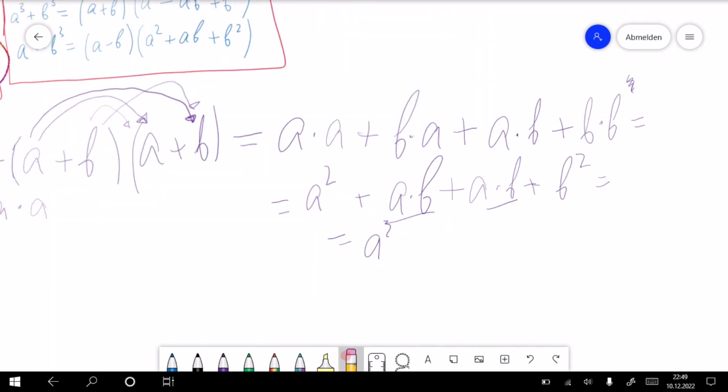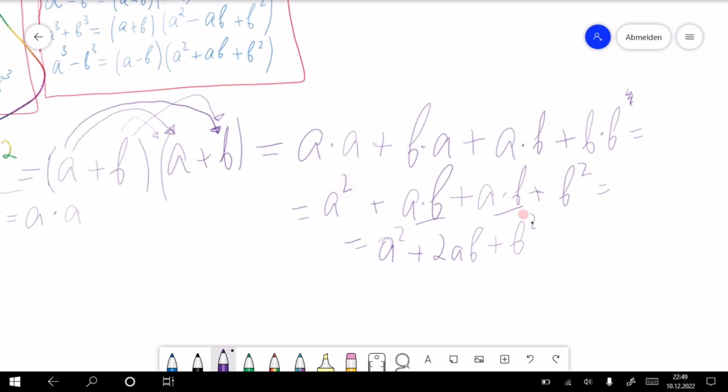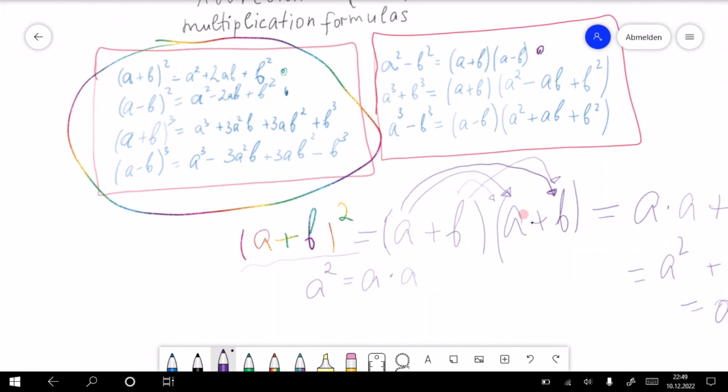It will be a squared plus 2ab plus b squared.